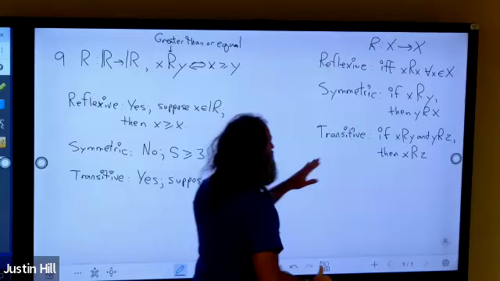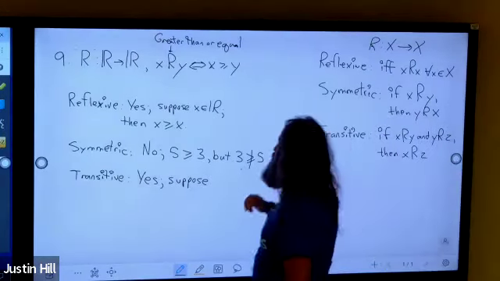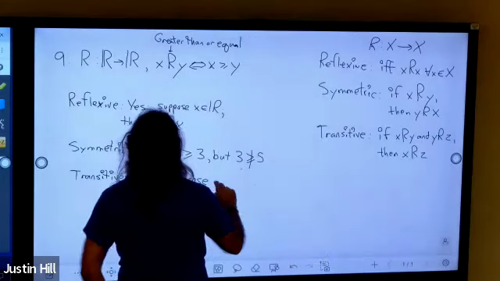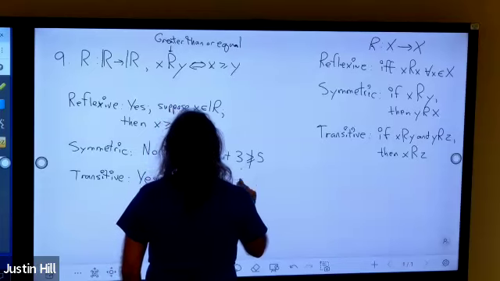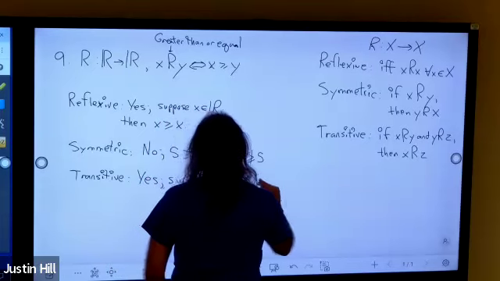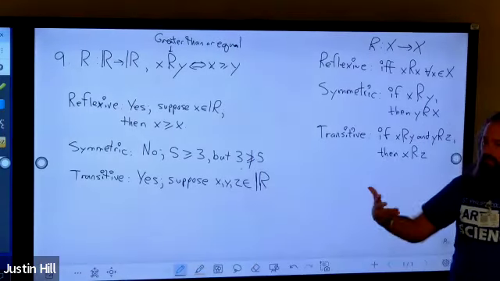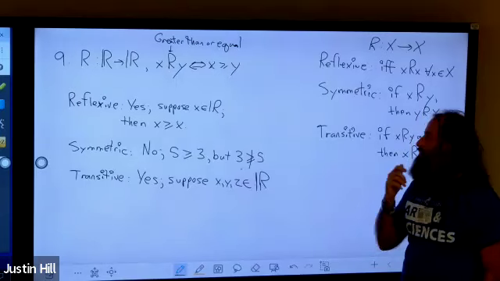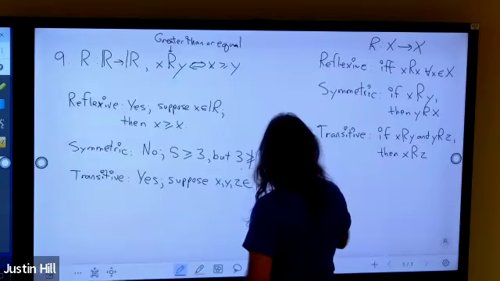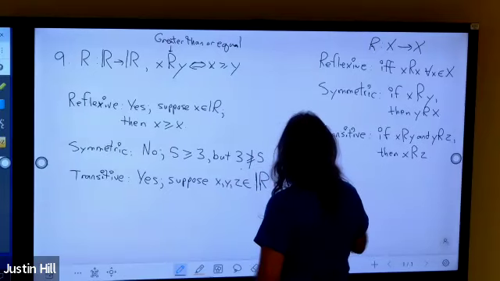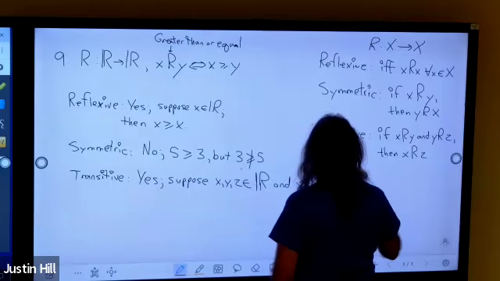So we are going to suppose everything in the if part, retranslated with this greater than or equal sign. Suppose X, Y, and Z are real numbers. First I need to identify that they're real numbers, that we're playing in the same sandbox, the same domain as this relation. And X is greater than or equal to Y, and Y is greater than or equal to Z. Good.